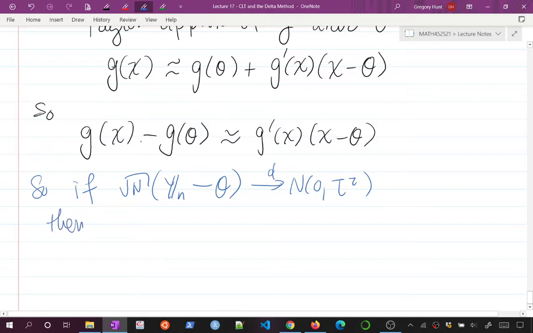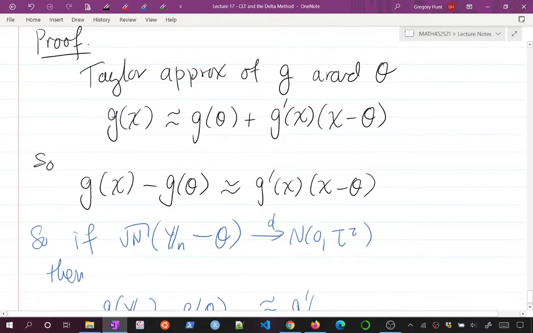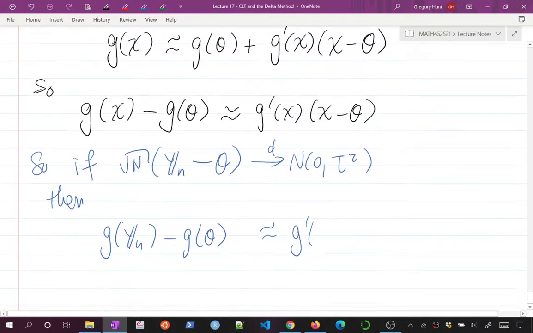then if I look at g of yn minus g of theta, this should be approximately g prime of, I don't know why I wrote x here.